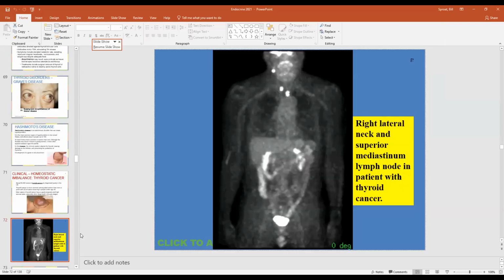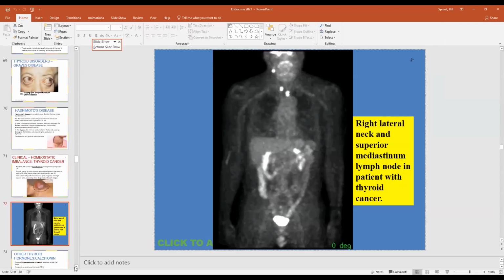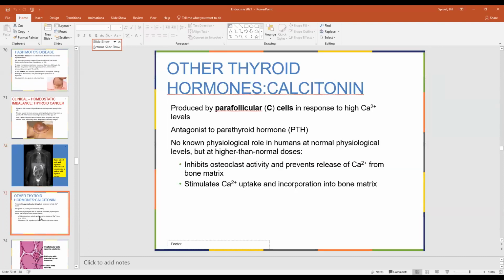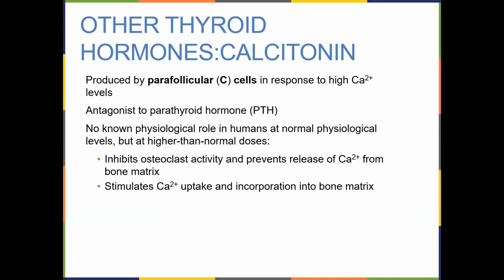I think this is the last slide we looked at from the other day. The slide that's up now says other thyroid hormones, calcitonin. So everybody should be able to see that. If you can't see that, let me know. And I'm gonna expand the screen and see where we go from here.